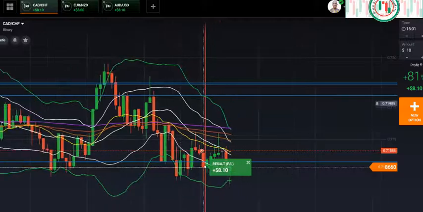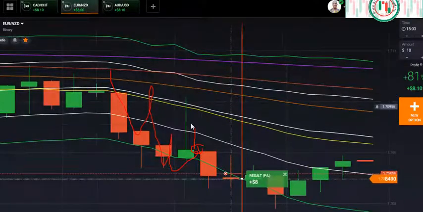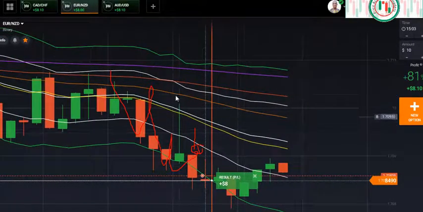So here you can see we are in a downtrend. And I took my trade here because of the formation of EMA, and this 20 EMA shows that the market is coming down. That's why I placed my put option trade. Then this trade as well, the formation of EMA.